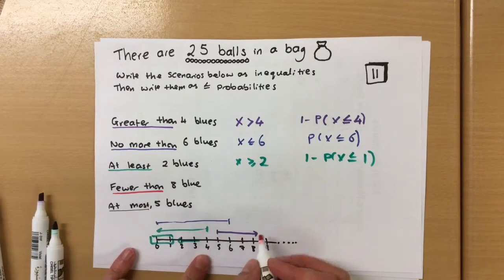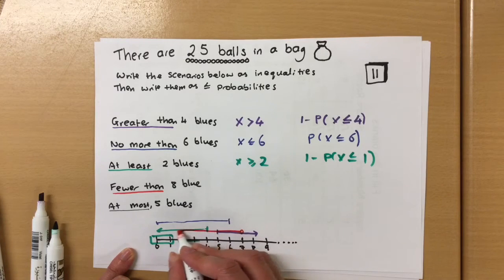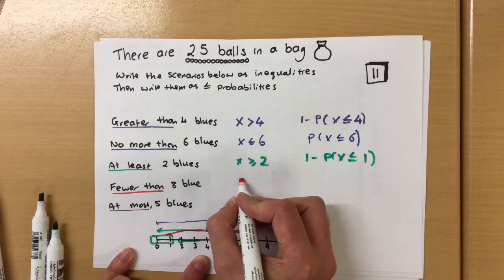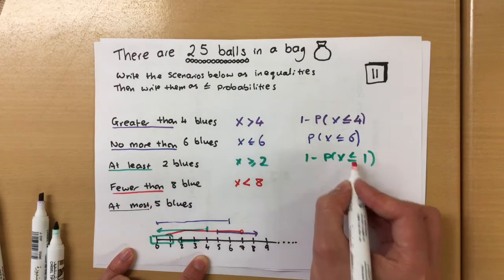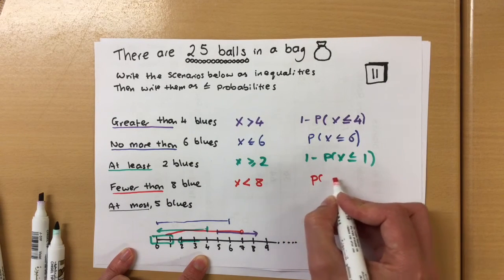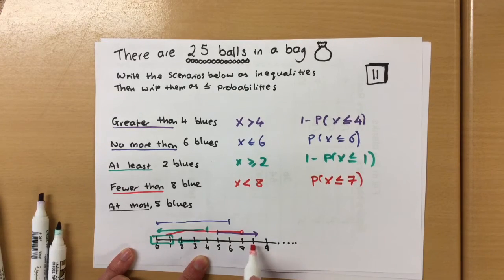Fewer than 8, so it's got to be less than 8. It's not including 8. So it's everything this side. Fewer than 8 means less than 8. And with this sign would be probability x is less than or equal to 7, because we're not including 8.